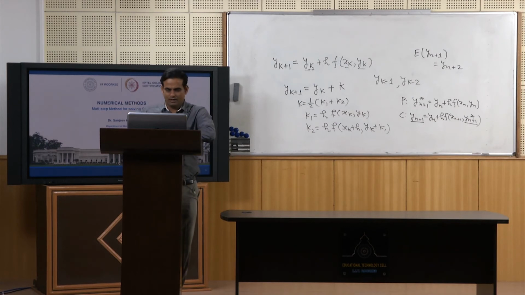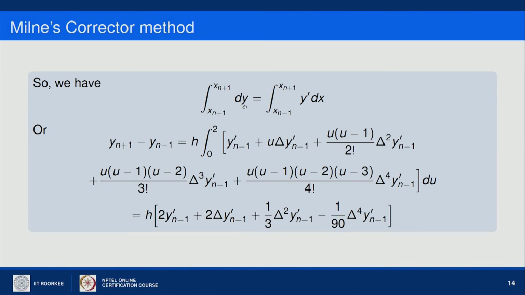So, we again have the integral over xn minus 1 to xn plus 1 of dy equals the integral of y prime dx over xn minus 1 to xn plus 1.